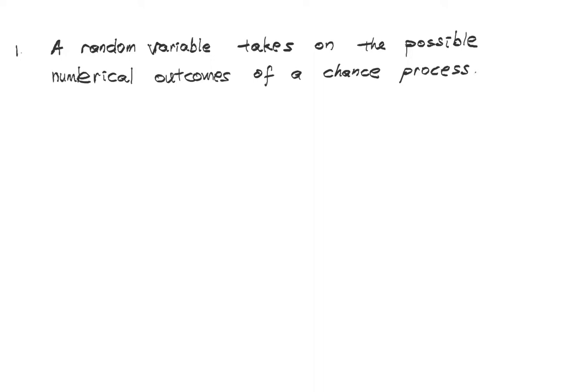So this is called a random variable. A random variable takes on possible numerical outcomes of a chance process.